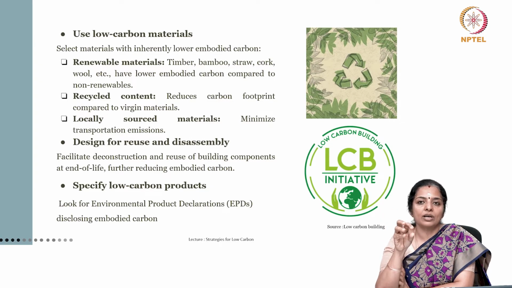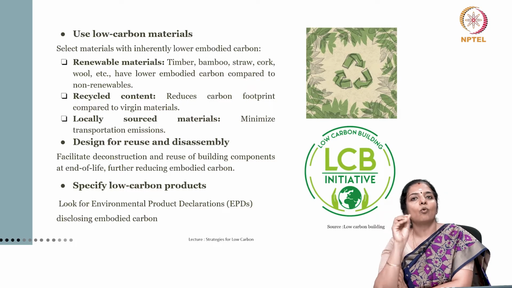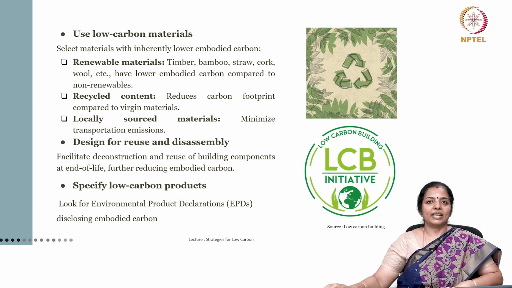Similarly, all products should have environmental product declarations, and in that declaration, just check how low carbon that product is. That will be directly related to how much renewable material it has, what component of that material is recycled, and what is the source of that material.